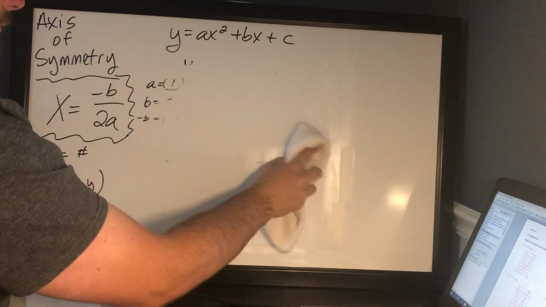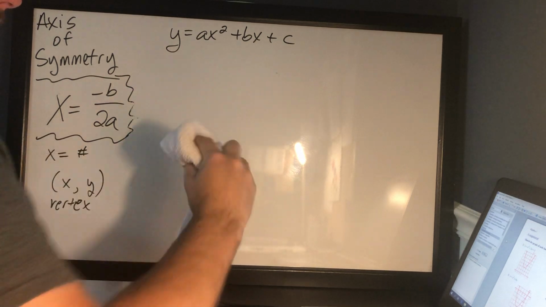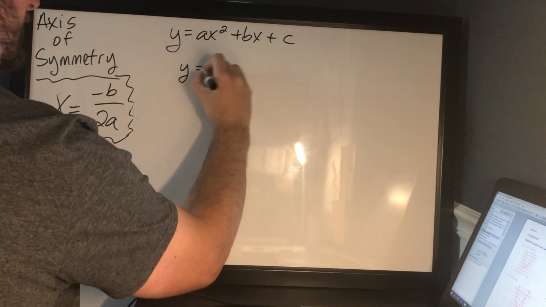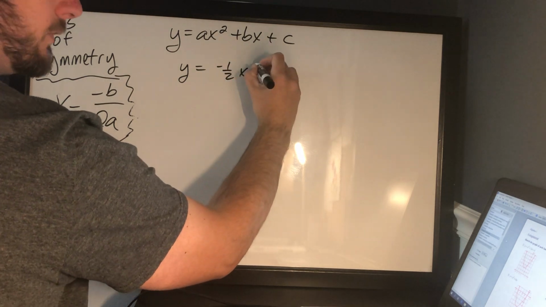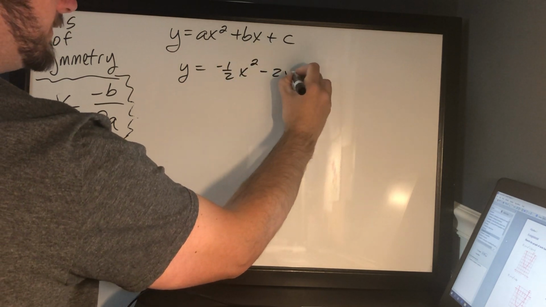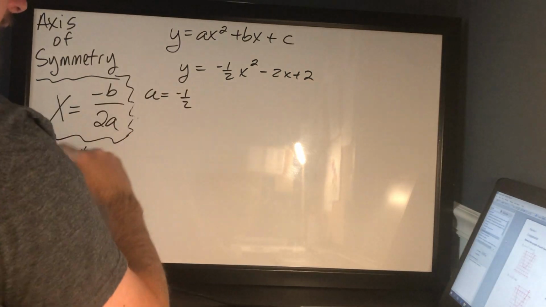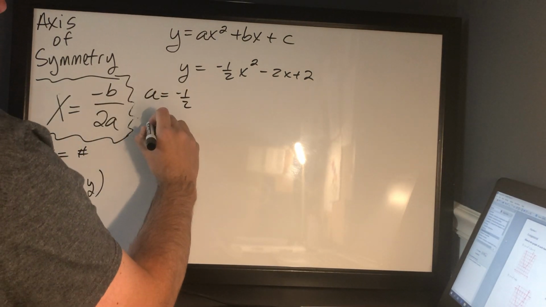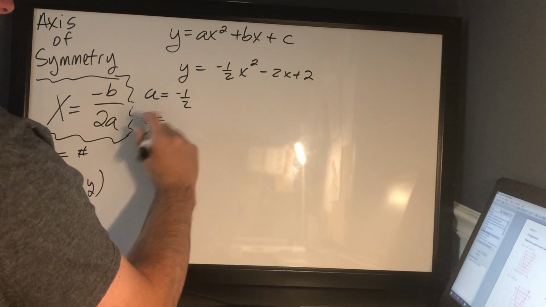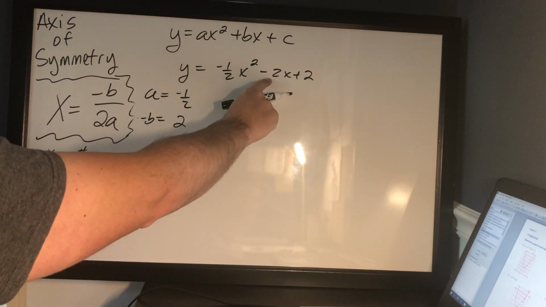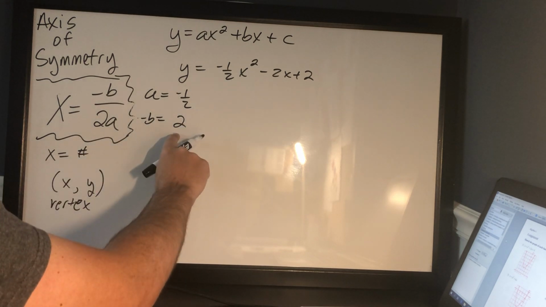Let's go over a couple more examples together. The next one: y equals -1/2 x squared minus 2x plus 2. a is -1/2. For the opposite of b, the value we're going to use is 2, because in this case b is negative 2, and the opposite of negative 2 is positive.